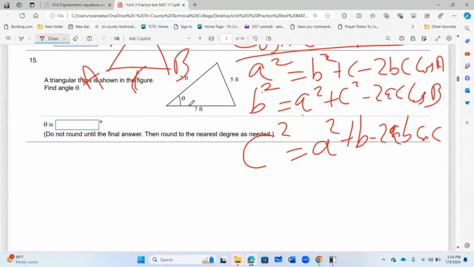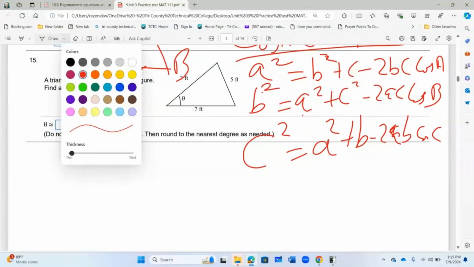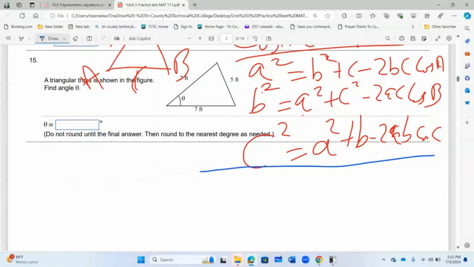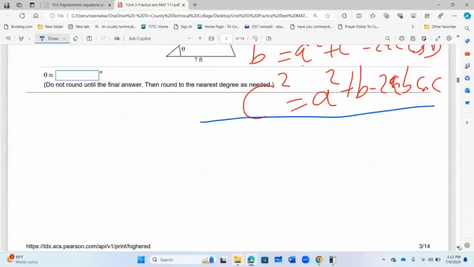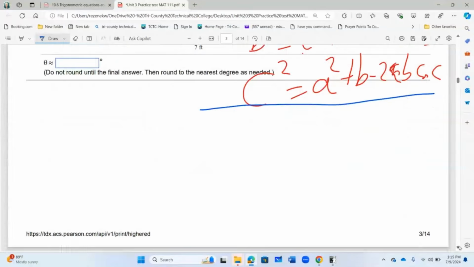So I'm going to be solving for angle A. I'm going to pull up the formula for A and solve for angle A. If I'm given 3 sides of a triangle, I cannot use sine rule.